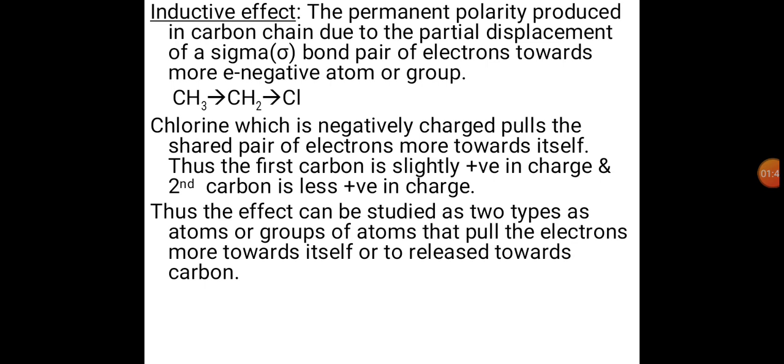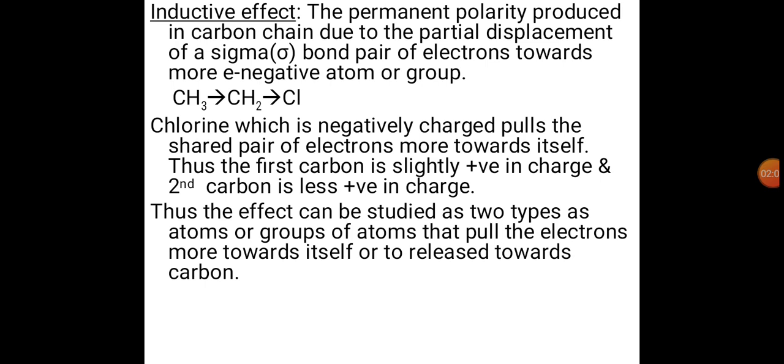As a result, chlorine develops a partial negative charge and the carbon has a partial positive charge, which in turn draws electrons from the next carbon, thus giving the second carbon also a partial positive charge.